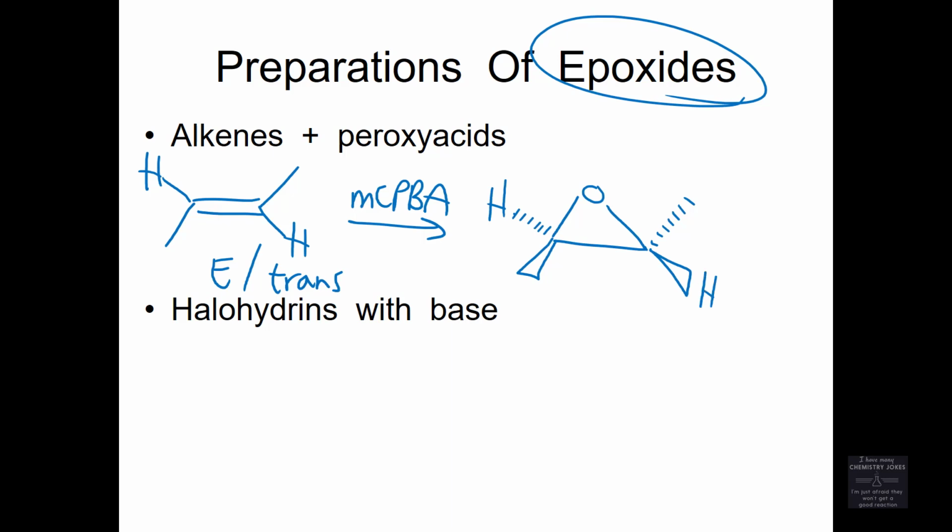That means that stereochemistry of the other groups are retained. So these methyls are pointed opposite directions now because they were pointed opposite directions previously. These hydrogens are pointed opposite directions in the beginning, so they have to stay pointed opposite directions. This is the appropriate epoxide with stereochemistry when you add MCPBA to that trans 2-butene.